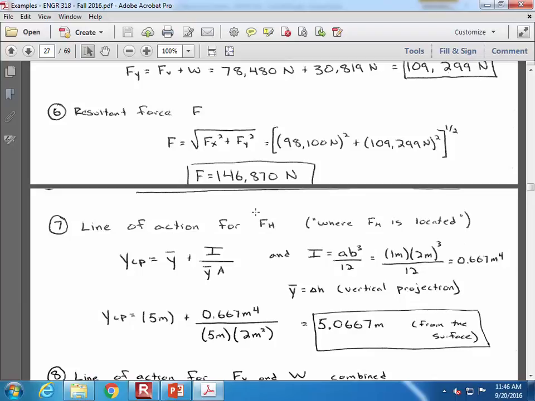It doesn't matter, you can solve this problem from the basis. So 5.0667. Everybody on board with that value for finding the location of the horizontal force?